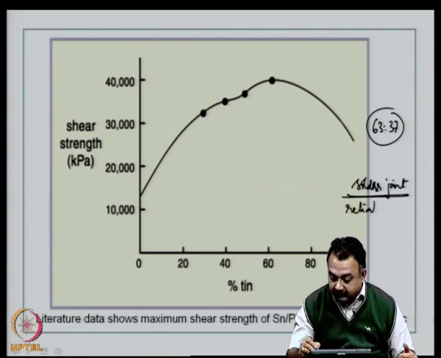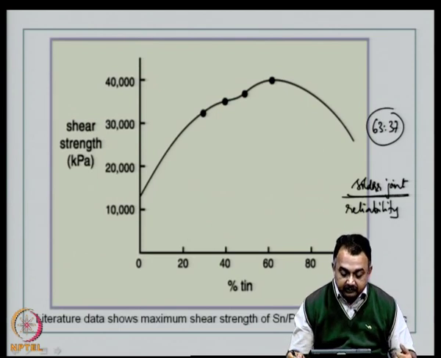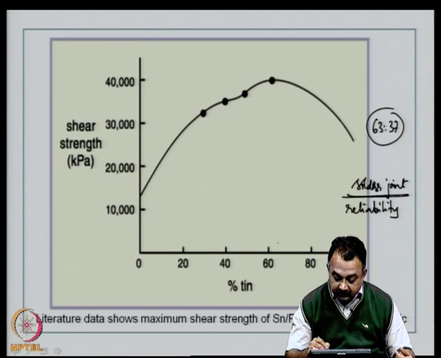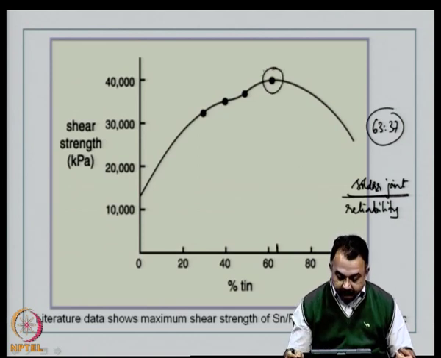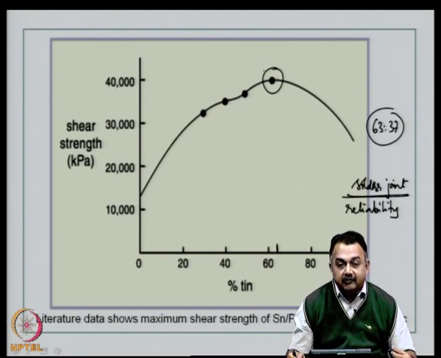So, we need a joint that is highly reliable, that can withstand various thermal cycles when the board is powered up, a printed circuit board is powered up, and when it is subjected to extreme conditions of operation. So, here you can see that at the 63/37 the shear strength is at the maximum. That gives obviously a most favorable condition for solder joint formation.